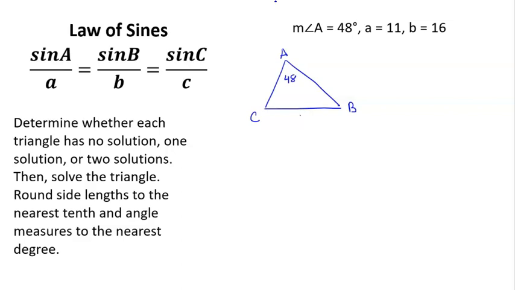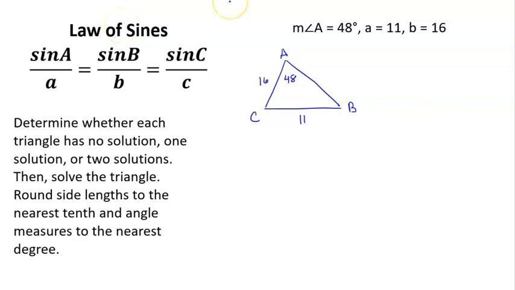Side A, which is across from angle A, is 11, and then across from angle B is 16. Now with this one, notice that our non-included angle is acute. That means I don't know if B is going to be obtuse or not. And so I'm going to start building out my proportion.